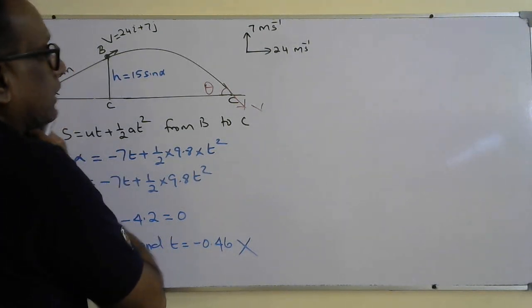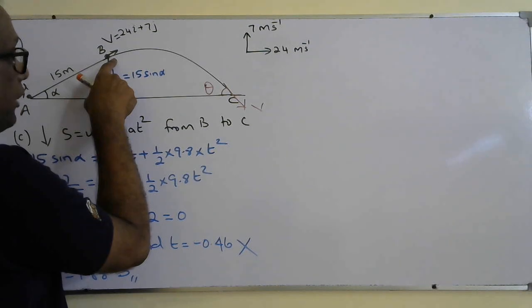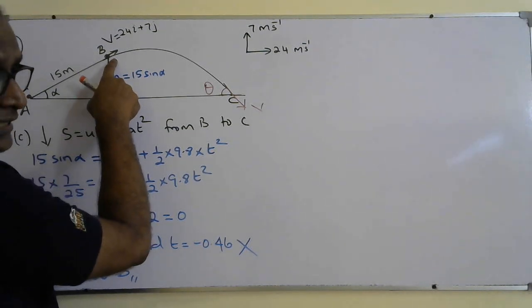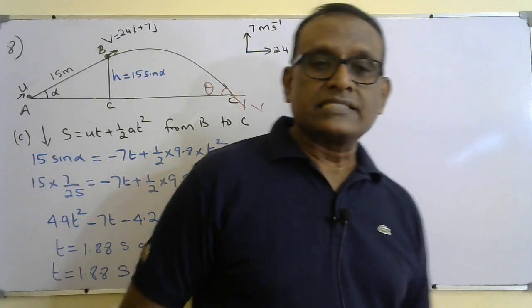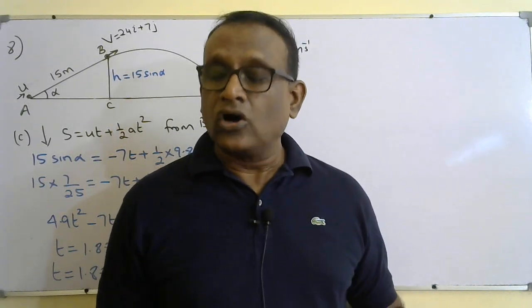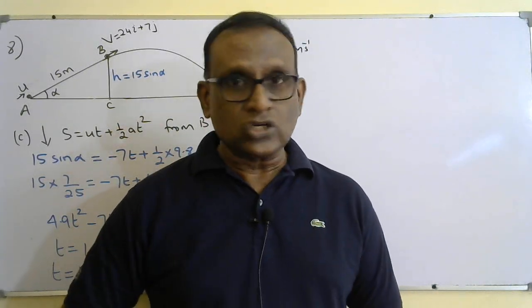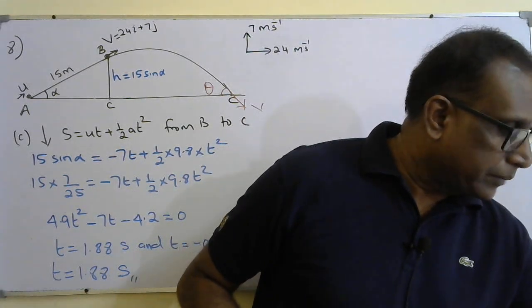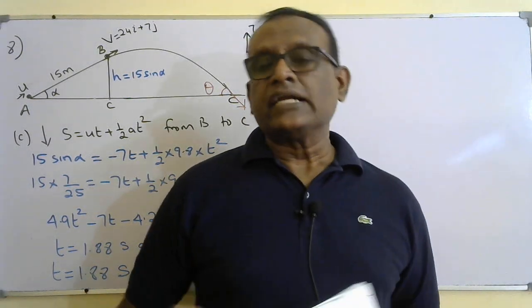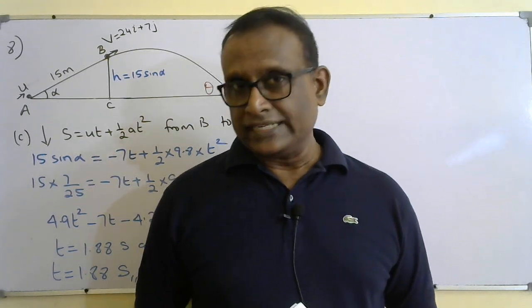Okay, so we know that when it leaves the point B, that means when it starts the projectile motion, the horizontal component is 24. So horizontally there is no acceleration, no deceleration. We neglect the drag force. So the horizontal component of the velocity will remain unchanged throughout the motion of the projectile particle. But only the vertical component of the velocity will change due to gravitational acceleration.